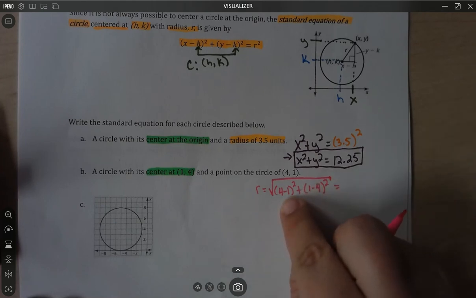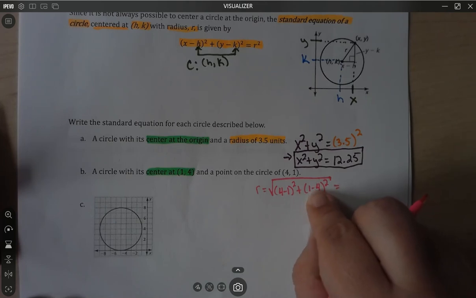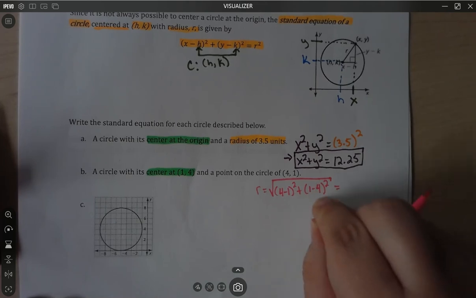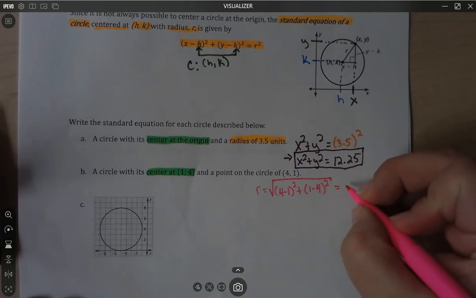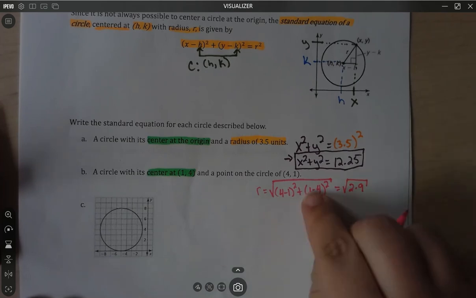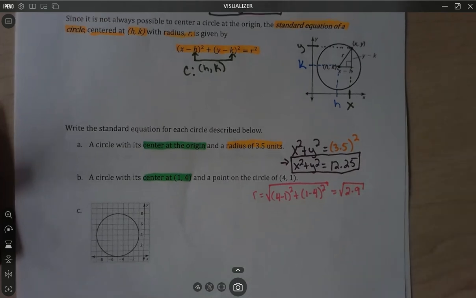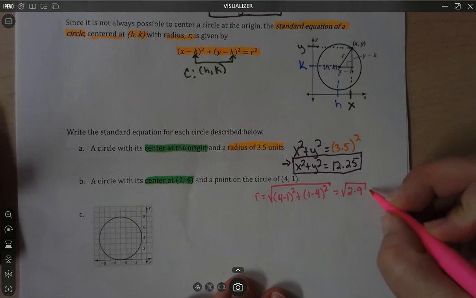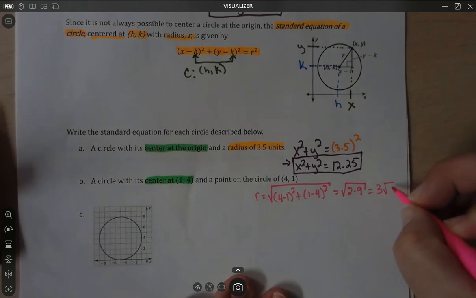So 4 minus 1 is 3. 3 squared is 9. 1 minus 4 is negative 3. Negative 3 squared is 9. So this is the square root of 2 times 9. 9 plus 9 is 2 times 9, which is 3 root 2.